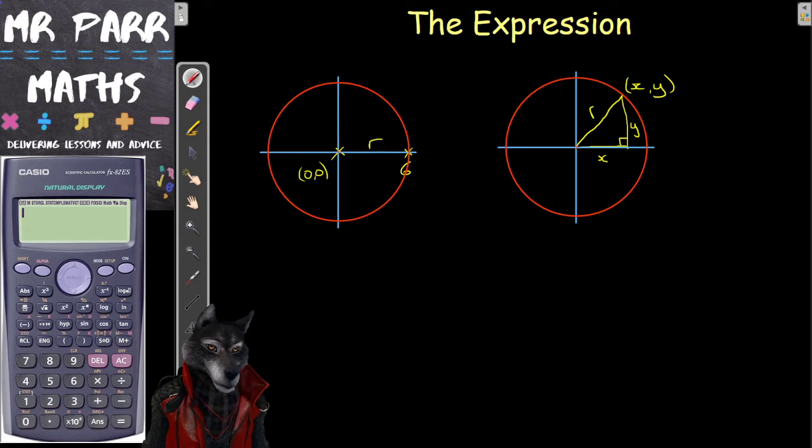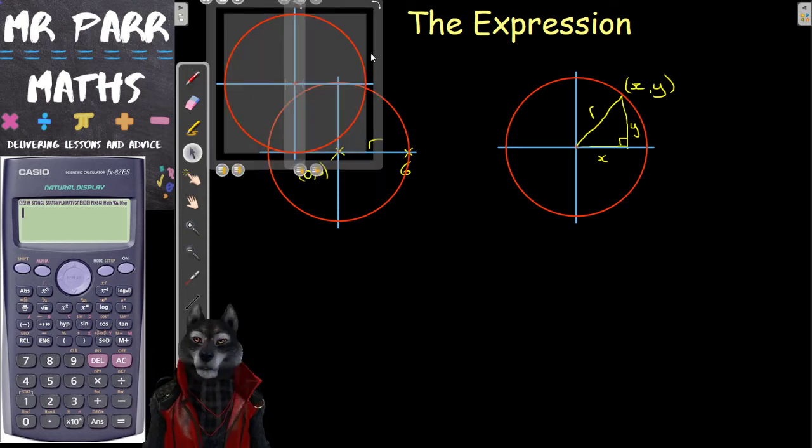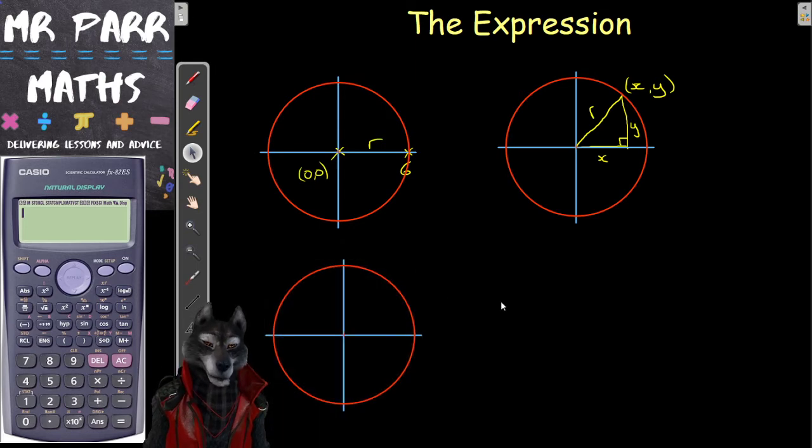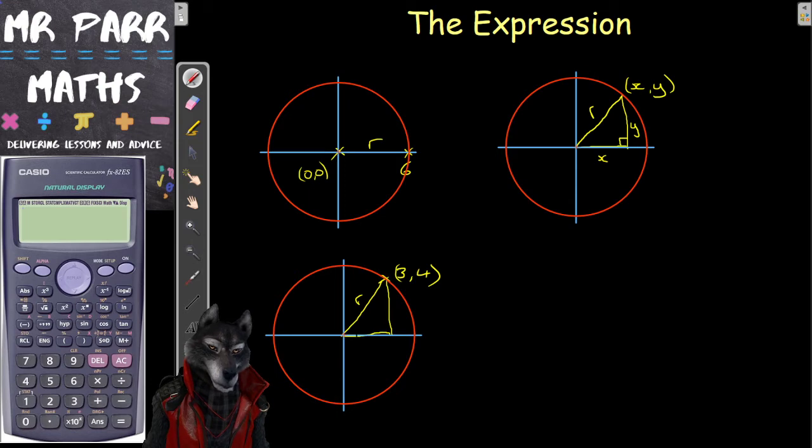I'll show you what I mean with that again, very quickly, with numbers, just in case you're getting a bit confused. If I had a radius coming out, irrespective of what it is, let's say this hits the point 3, 4, I know if I was to draw a vertical line and a horizontal line, this point here is 3 out and 4 up.